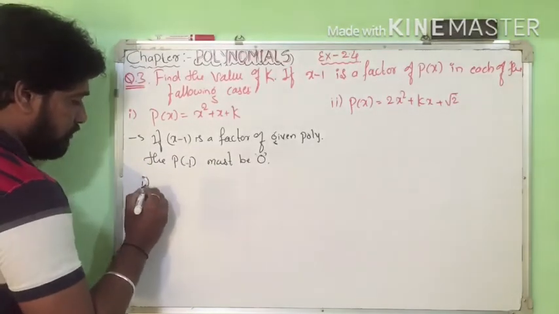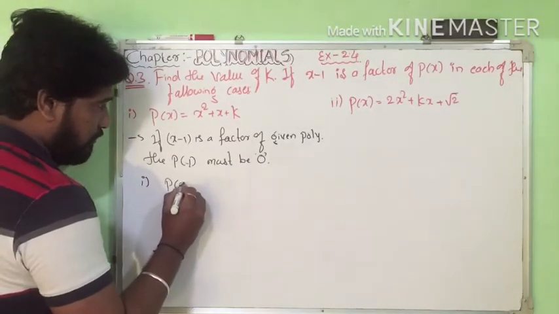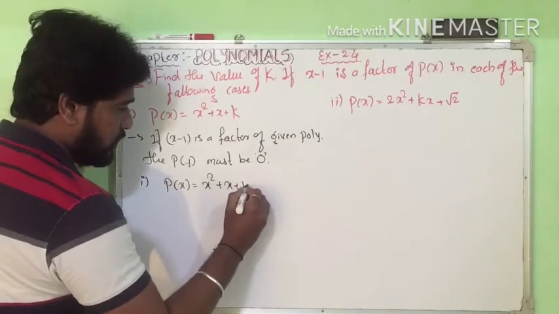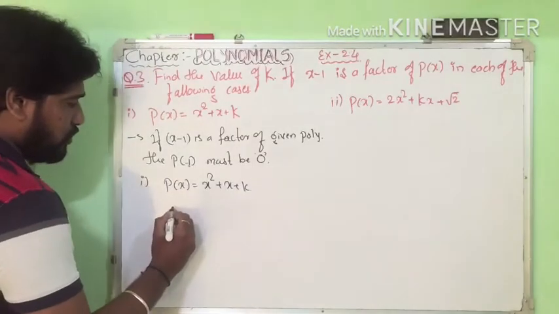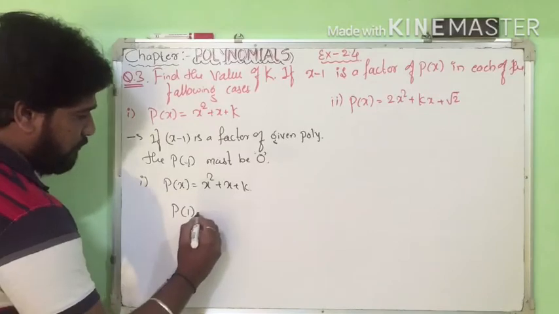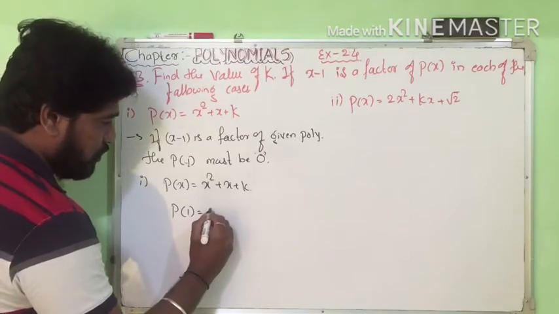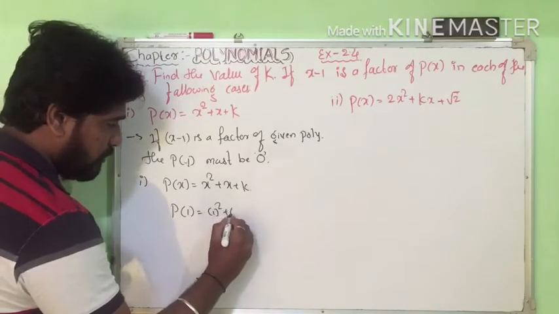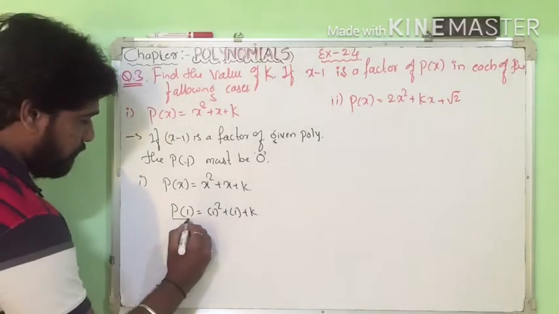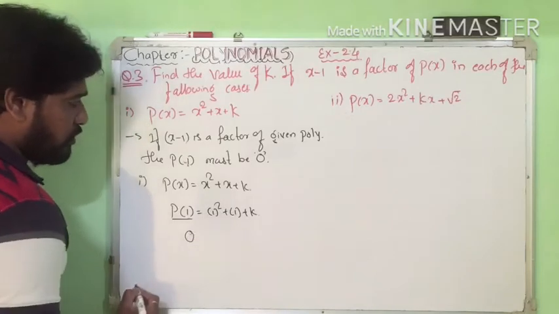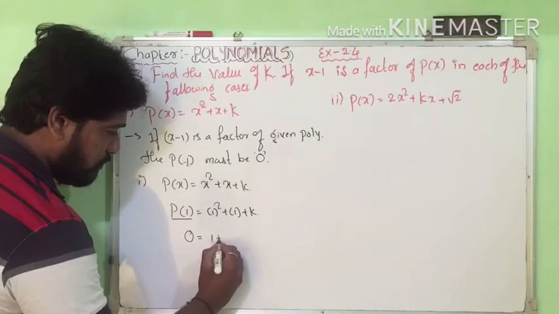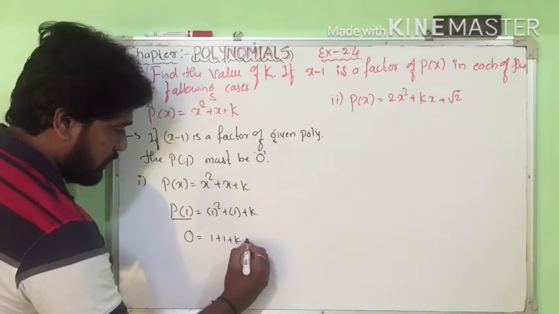So the first one, what is given here? P of x is equal to x square plus x plus k, right? So here x is replaced by 1: p of 1 is equal to 1 square plus 1 plus k. So p of 1 must be 0, so I will take 0 equals 1 square, which is 1, plus 1 plus k.